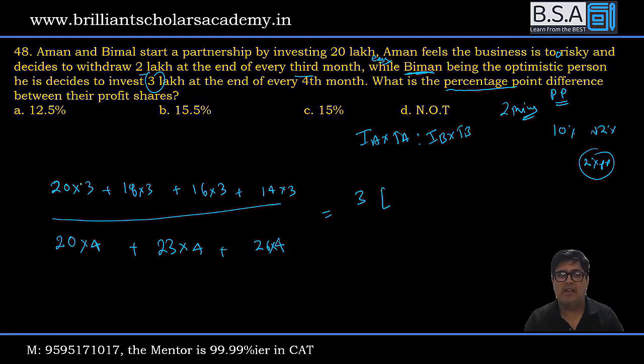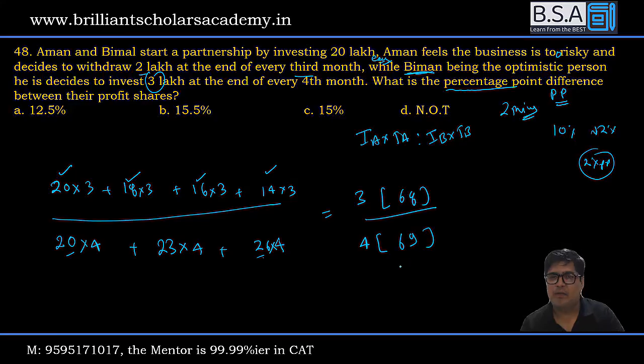Now you'll see the pattern. 20 plus 14, 34. 18 plus 16, 34. 34 plus 34, 68. 3 is common. 4 is common. 20 plus 26, 46. 46 plus 23, 69. Can you cancel a few things? Cancelled 17 times.